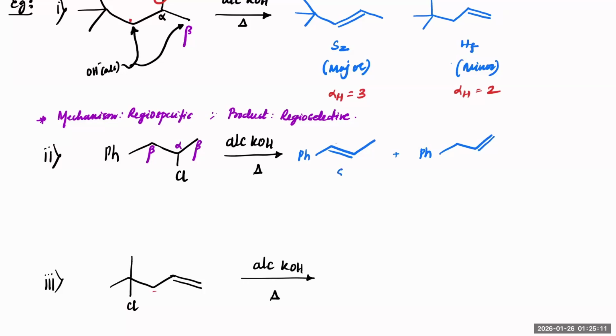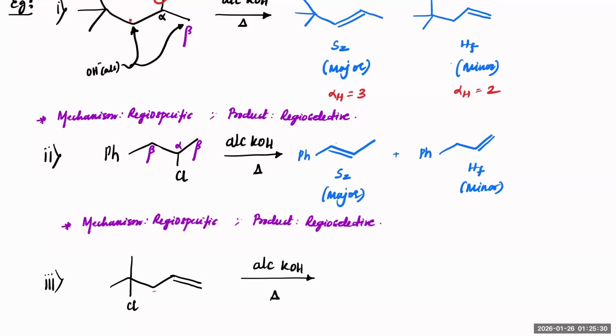Obviously this is the Saytzeff product, this is the Hofmann product, this is major, and this is minor. And here also the mechanism type is regiospecific, and the product you are getting is a regioselective product.